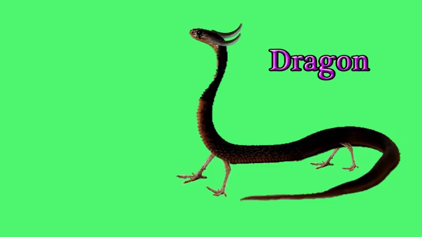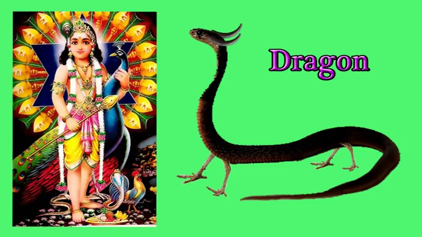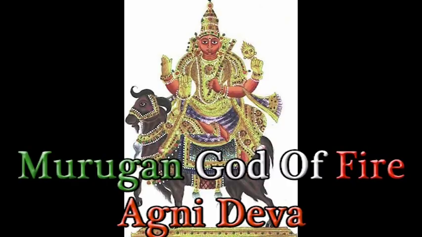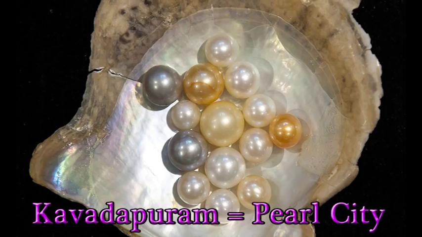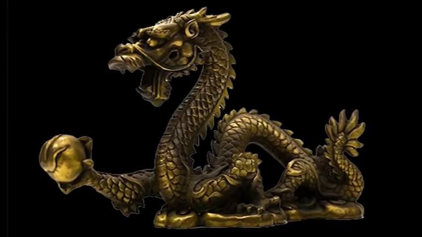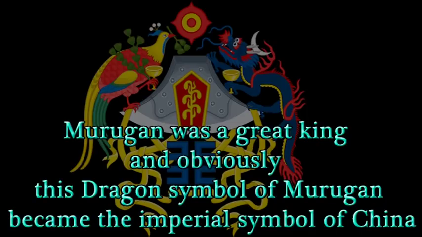The net image is the dragon, a symbol of Murugan. Murugan was the god of fire, that is Agni Deva, and hence this dragon is fire emitting. Murugan's capital city was called Kavadapuram, meaning Pearl City, and obviously the Chinese dragon is associated with the pearl. Murugan was a great king, and obviously this dragon symbol of Murugan became the imperial symbol of China.